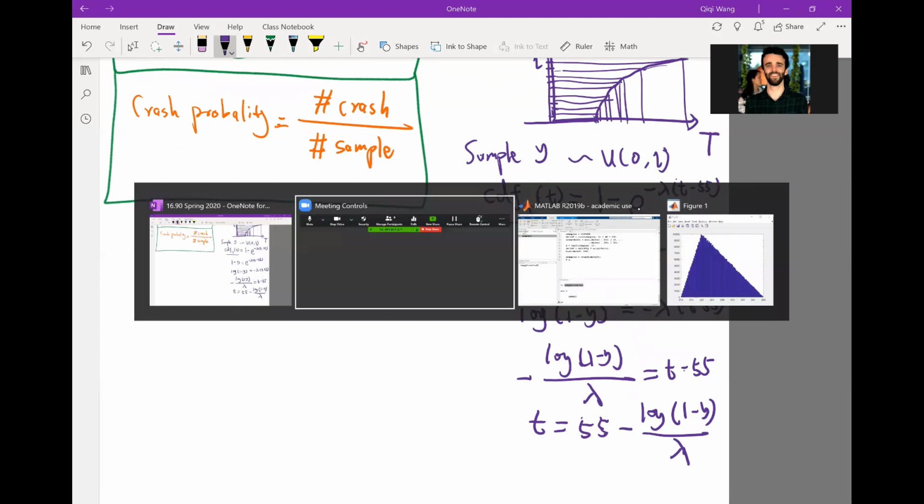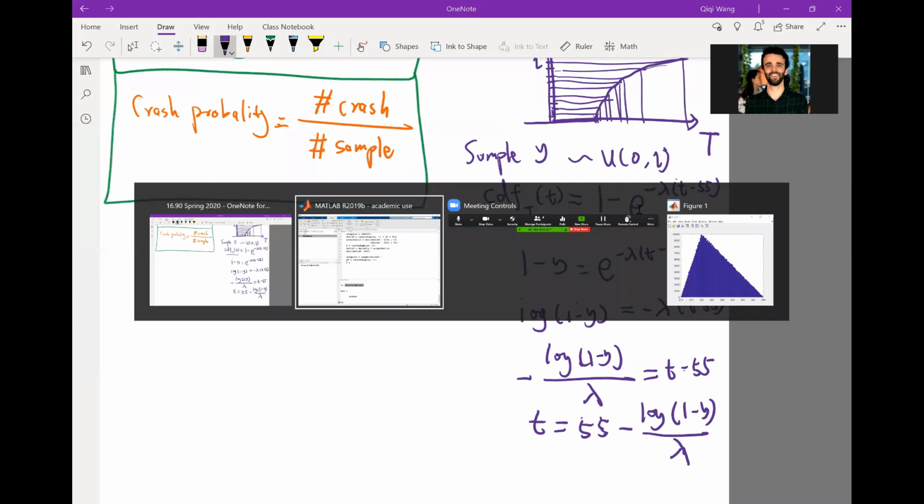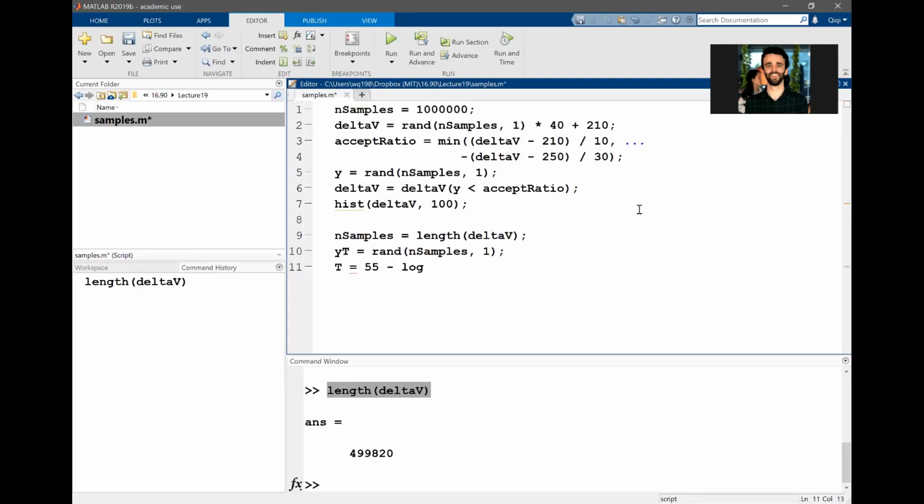Okay, so let's plug this formula into MATLAB. Again, we're going to be sampling another y. Let's call it yt, which is rand of n samples, and my t is going to be 55 minus log of 1 minus yt divided by lambda, which is multiplied by 5.